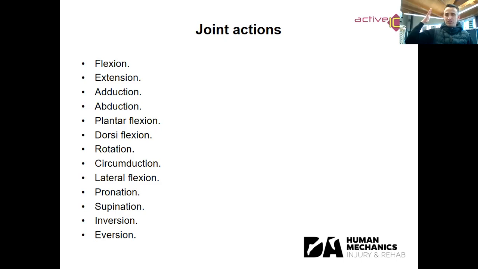If we have flexion, we of course have the opposite, which is extension. Okay, so to help you learn, you don't have to learn individual words, learn them in pairs if you can. So flexion, we reduce the angle at the joint. Extension, we increase the joint angle. Okay, flexion, extension. And we have flexion extension at most joints.